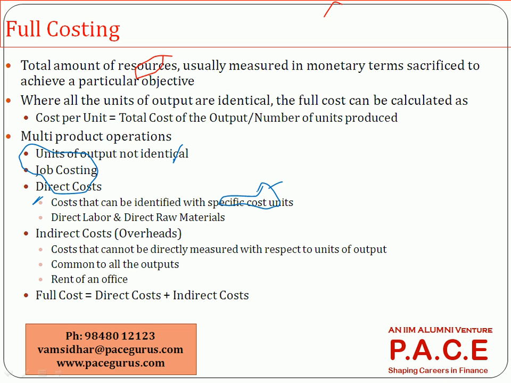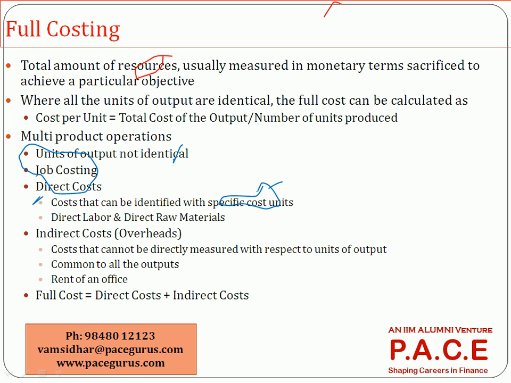So as a part of your initial analysis process, you have to break down the total cost which you are incurring to run the business or to manufacture or to produce a particular product. You break them into direct costs and indirect costs. For direct costs, finding out the cost per unit is not a big deal. You can do simple arithmetic and find out the cost per unit.